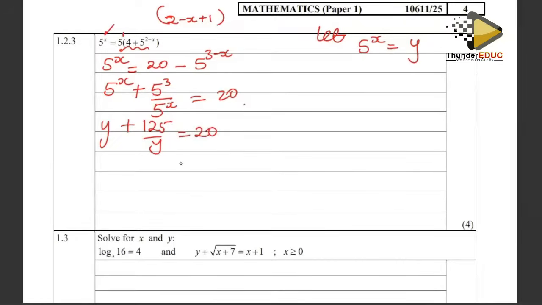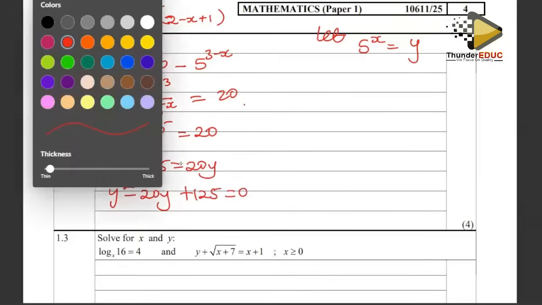Multiply through by y. It's going to be y squared plus 125 is equal to 20y. Let's create a standard equation. y squared minus 20y plus 125 gives us 0.